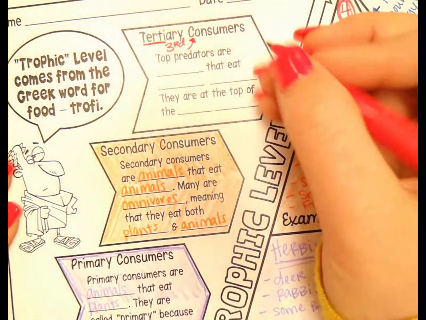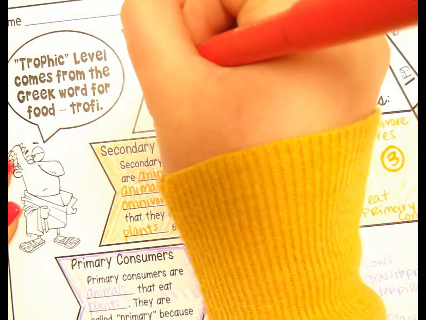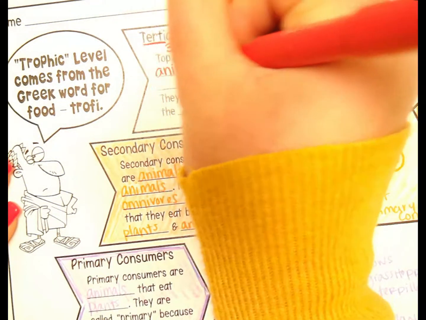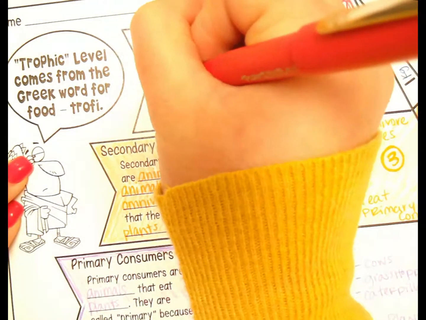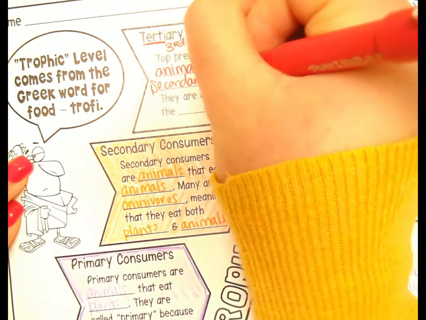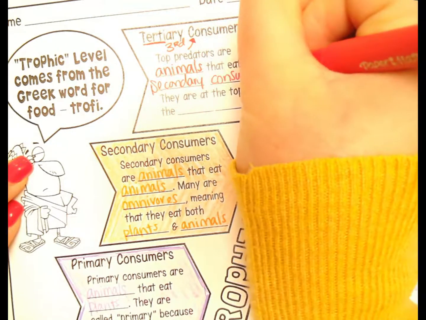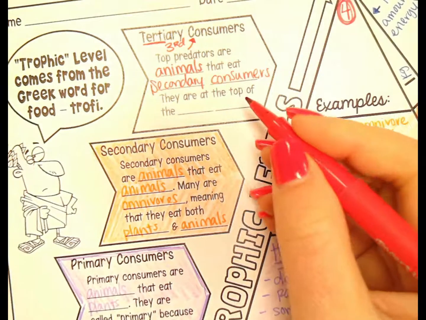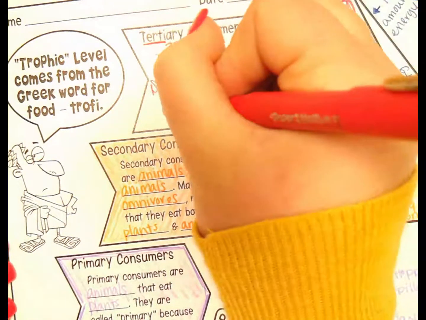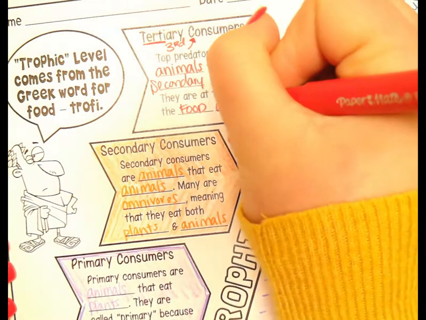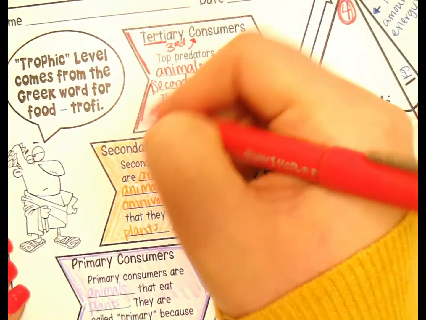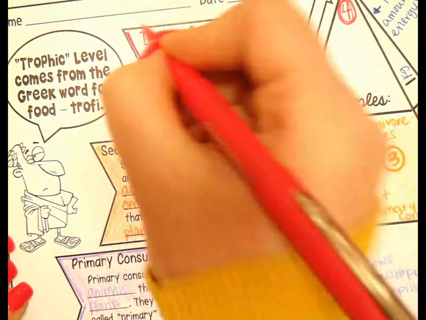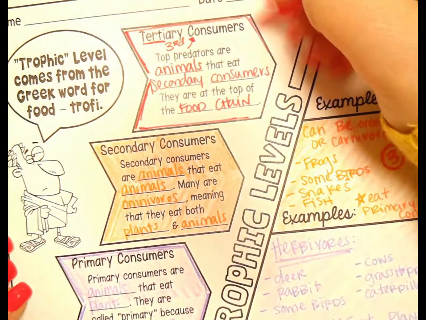Tertiary consumers are going to be top predators. So that means they are animals. And that means they eat secondary consumers. They are at the very top of the food chain. Okay, so we can box this part in. These tertiary consumers are at the top of the food chain.